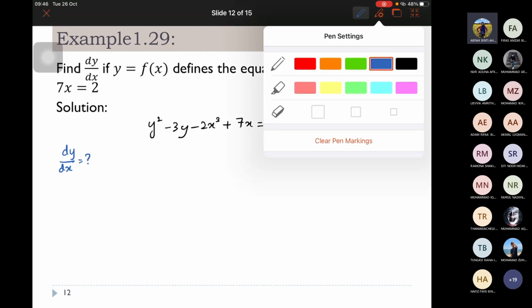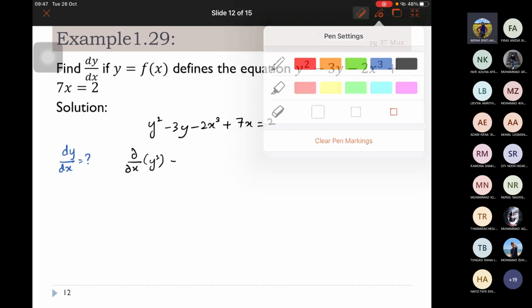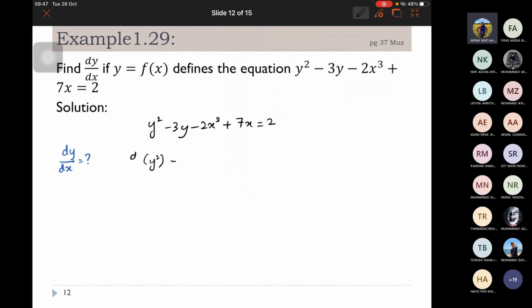So from here, kita bezakan. Okay, this is not partial derivative. Kita bezakan full derivative. d over dx y squared tolak dengan bezakan terhadap x bagi 3y.